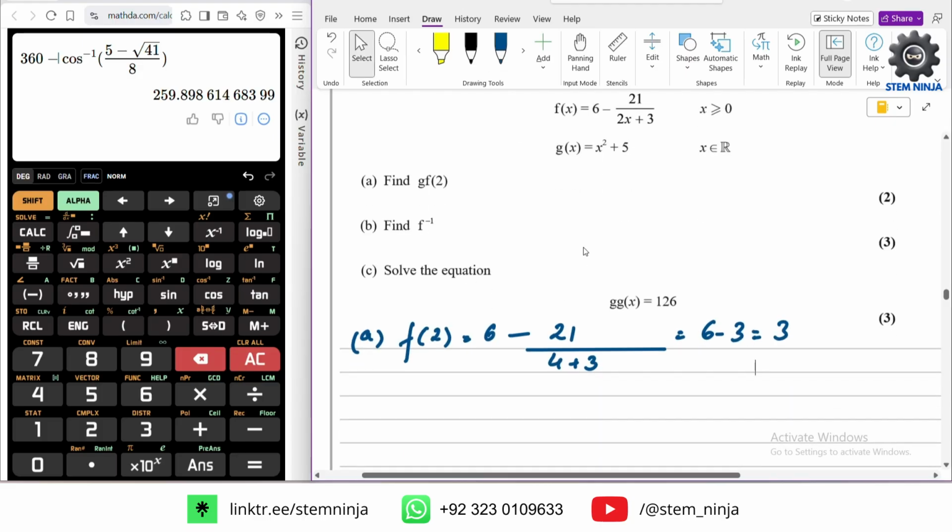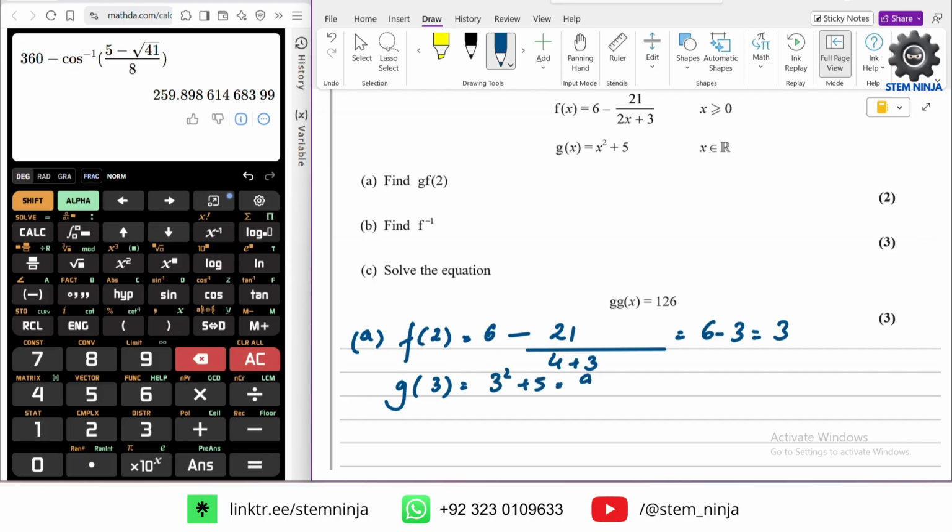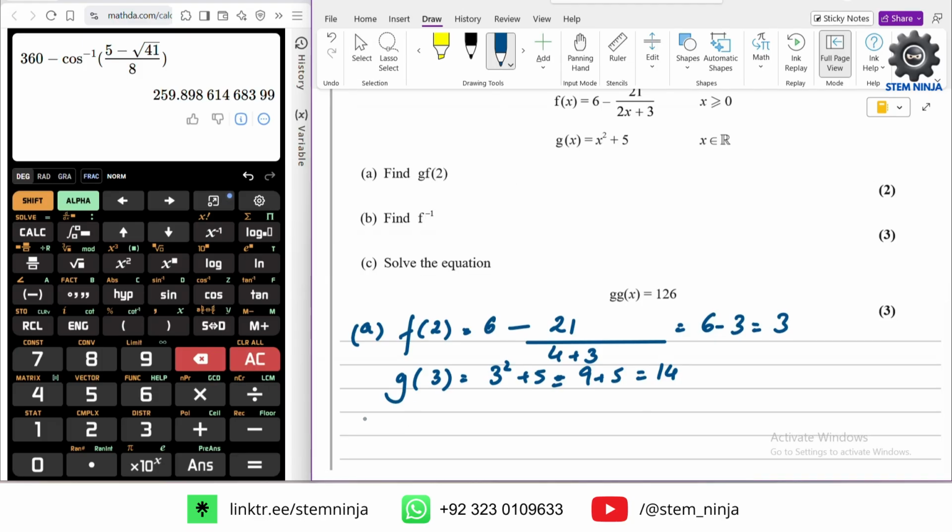And now we plug this into g. So 3 squared plus 5, so 9 plus 5 equal to 14. Now find f inverse of x. Okay.